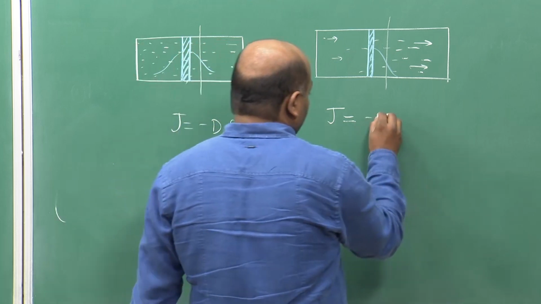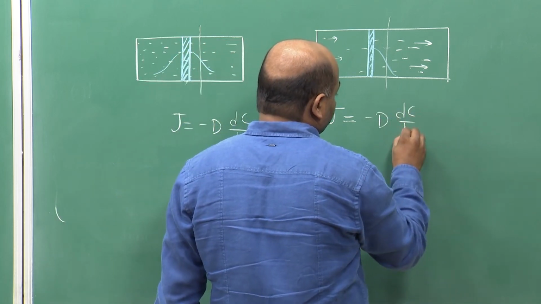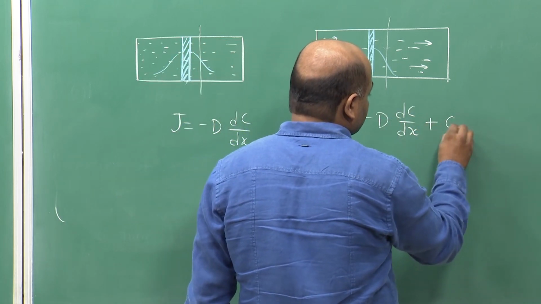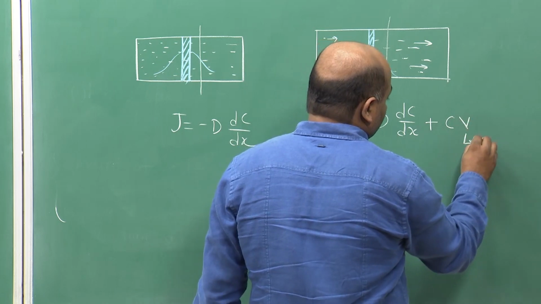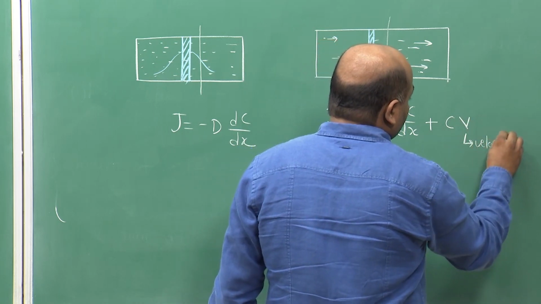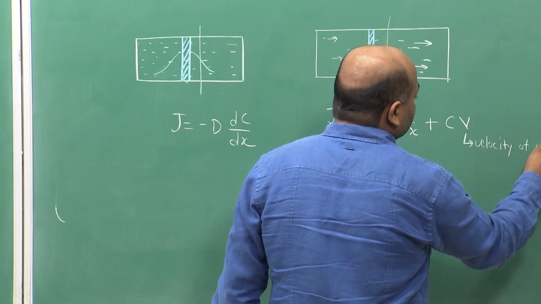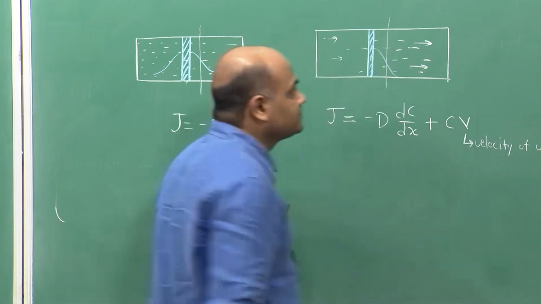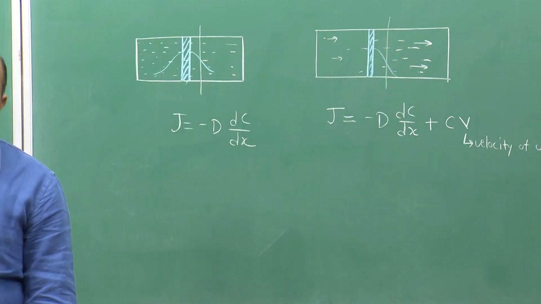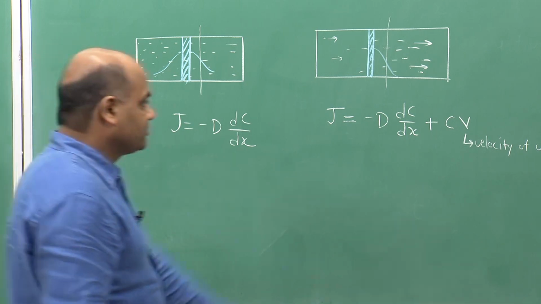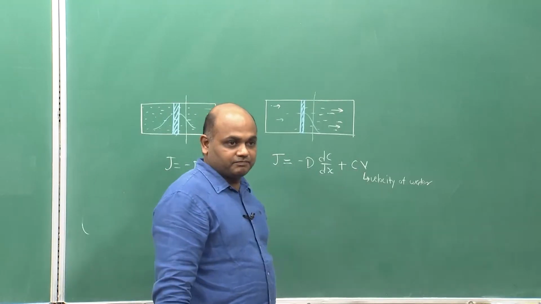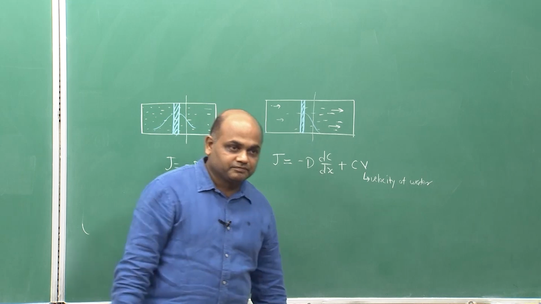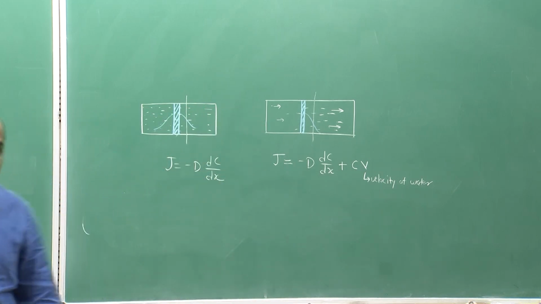So, this will be minus D dC by dx plus C times v, where v is the velocity of water. Okay. So, this is the drift term, all right, and the drift term will come if there is an external driving force.